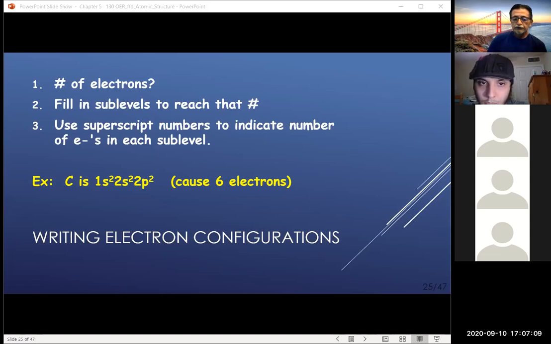So here's the electron configuration of carbon. And we went through carbon in that example I just did. So remember, the coefficient is the energy level. So we got 1s2. The superscript is the number of electrons in that orbit. All right, carbon has a total of 6 electrons.